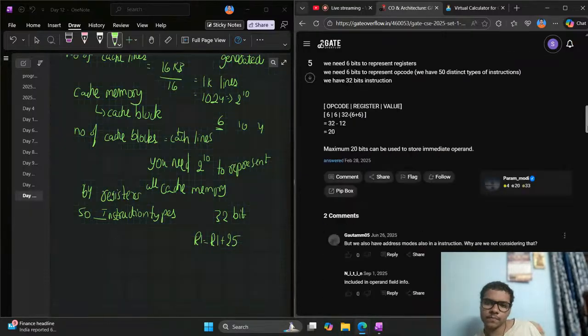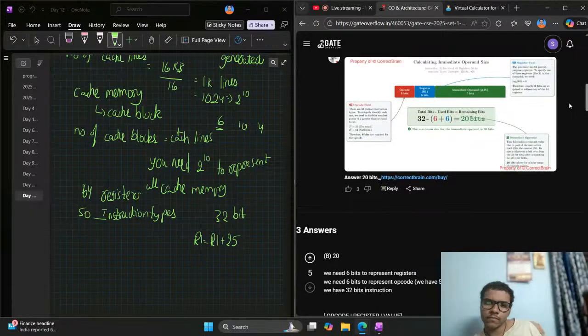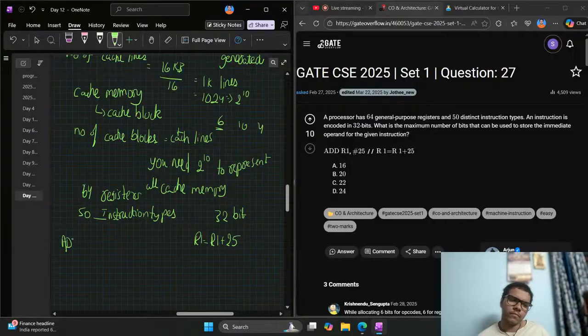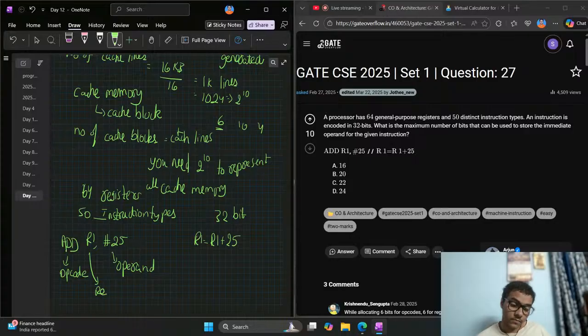Opcode. Add R125. So this is opcode and this is operand register.